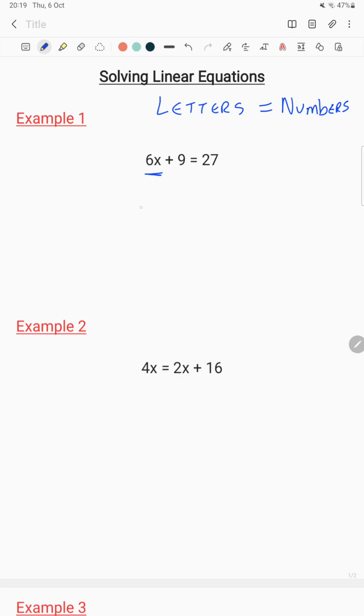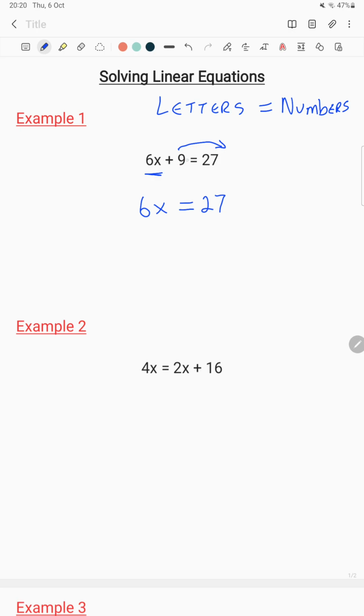Okay, so doing that, I'm going to tidy up this equation. My 6x is already on the left, so I write down 6x, and then my plus 9 is on the left and needs to be on the right, so I'm going to move my plus 9 over. I write down equals, my 27 is already there. If the number is already on the right hand side, write it down first and then write down the number that you've moved over.